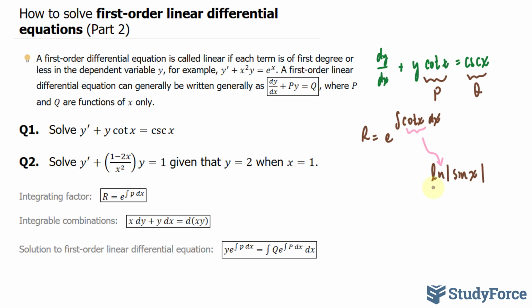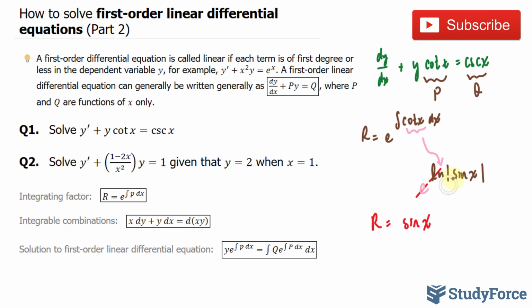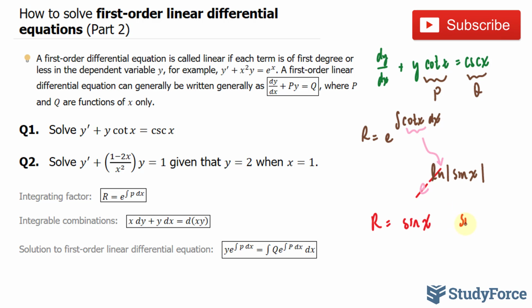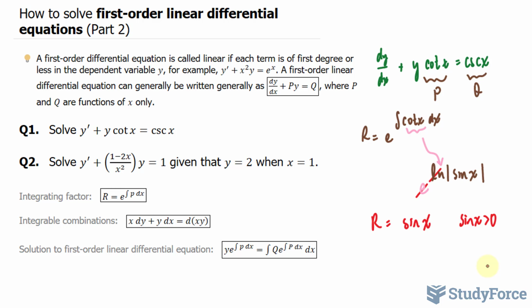They'll cancel out. So pretend that we had the e here. Given that ln means log base e, this will cancel out with the ln, and we're left with r is equal to sine x. And given that we have absolutes, you can always write the restriction that sine x must be greater than 0. This way we don't need to write the absolutes.